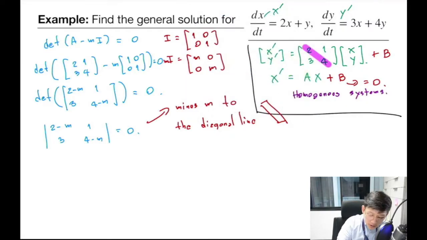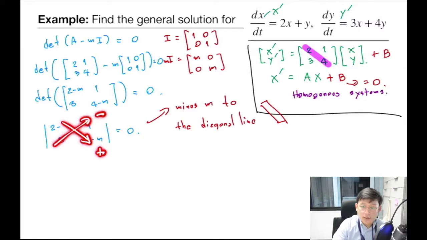And then you need to find this determinant. You know how to find a determinant, right? If you multiply down, you get plus. You multiply up, you need to put minus. That's the way to find the determinant.